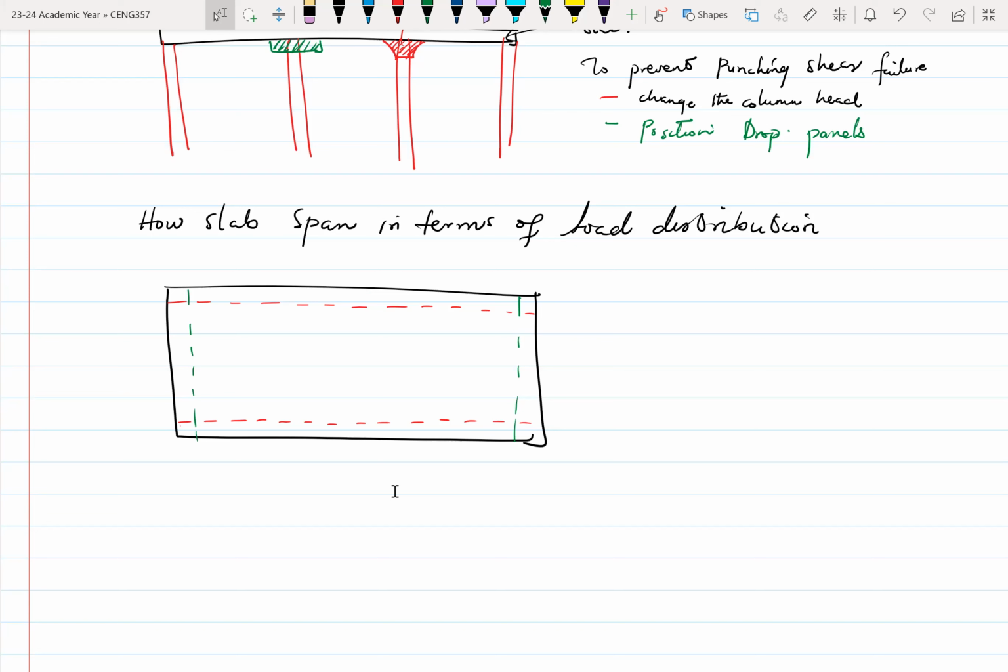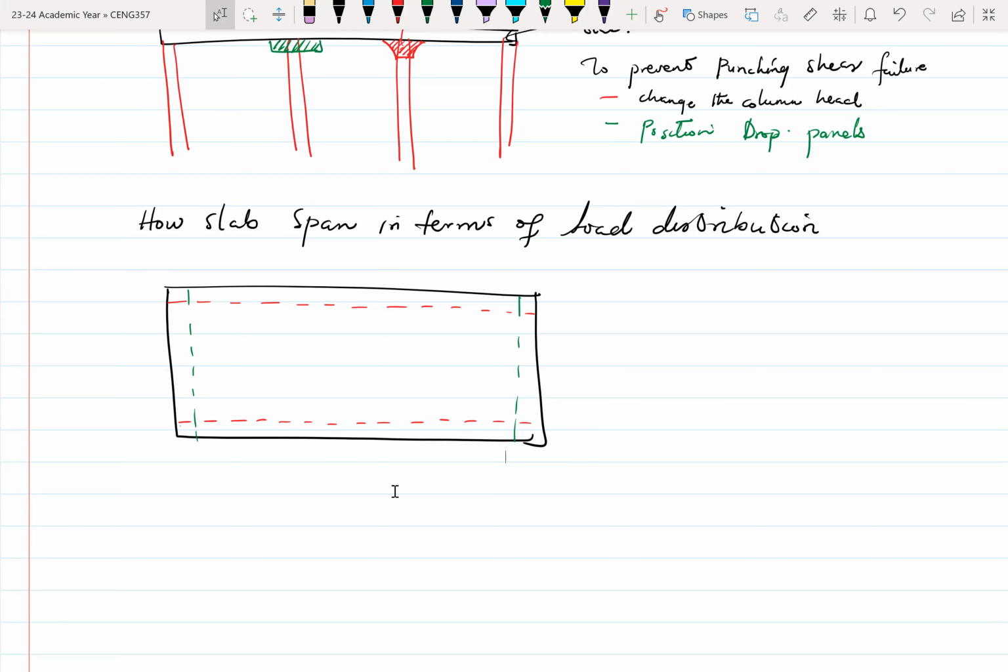It's like, for example, the chairs, the tables, the occupants that go in and out. It's the slab that first receives this load, then it transfers these loads to the beams, right? For a typical solid slab. How are these loads transferred to the beams? All right. And that's what we mean by how does the slab span?